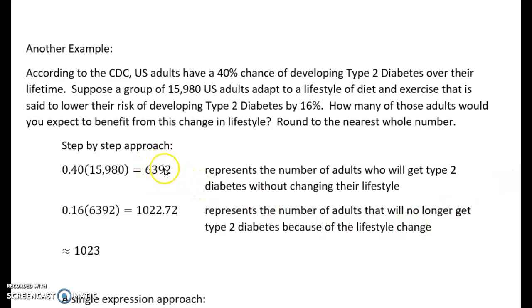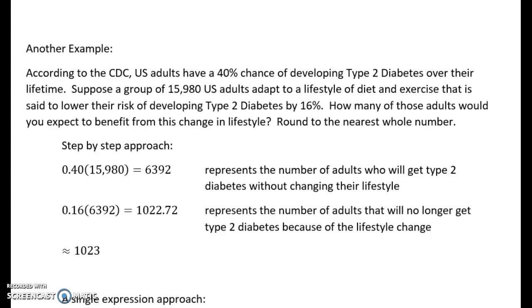So 16% of these people who are expected to have a risk of getting type 2 diabetes is now going to adapt to that lifestyle. So we're taking 16% and they are being now saved from getting type 2 diabetes. So 16% of 6,392 would be 1,022.72, and if we round that to the nearest whole number, it would be 1,023. Now this represents the number of adults that will no longer get type 2 diabetes because of their lifestyle change.